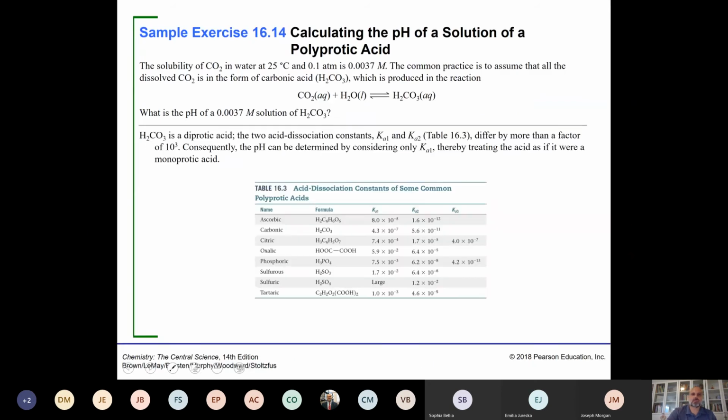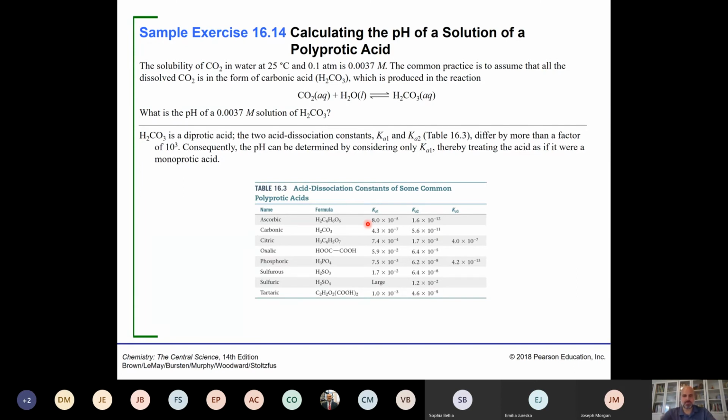So if we're looking at this problem, when we worked through the problem in class, we had this problem here. We were looking at carbonic acid, and you can see that there's a larger than 10 to the 3 difference in Kas, so the Ka1 is the only one that's going to affect the pH of the solution.